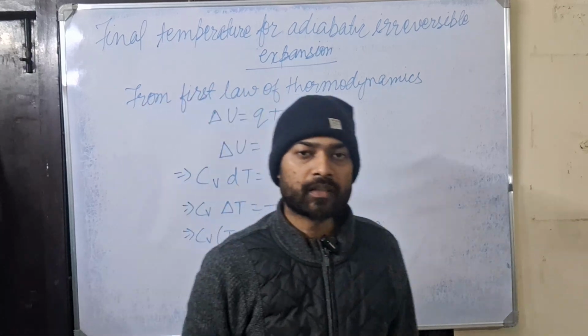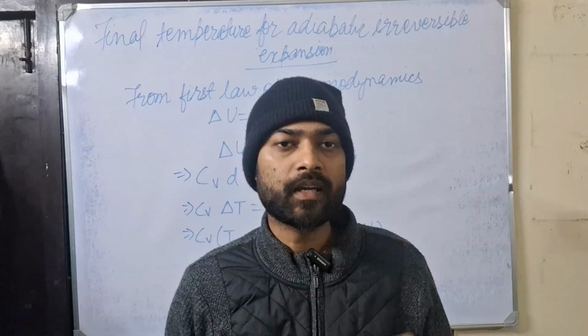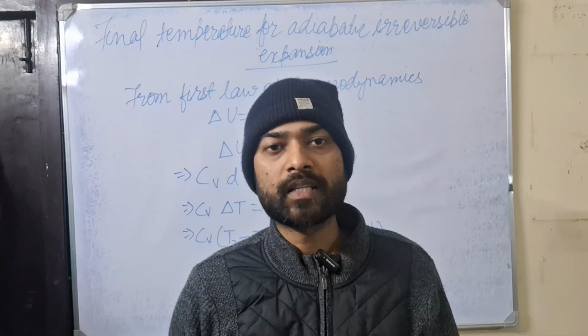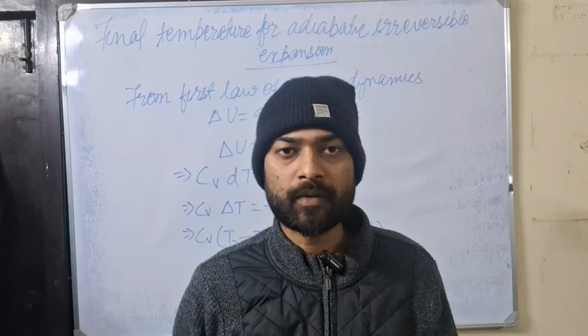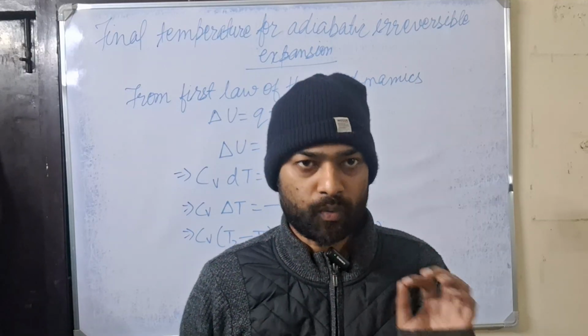Now remember the case of ideal gas. What does it say? PV is equal to nRT, where P is pressure, V is volume, n is number of moles, R is our gas constant, and T is temperature. So from that equation, V equals nRT by P. We are going to use that.